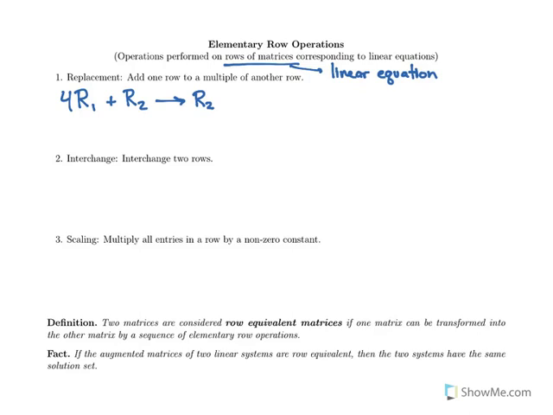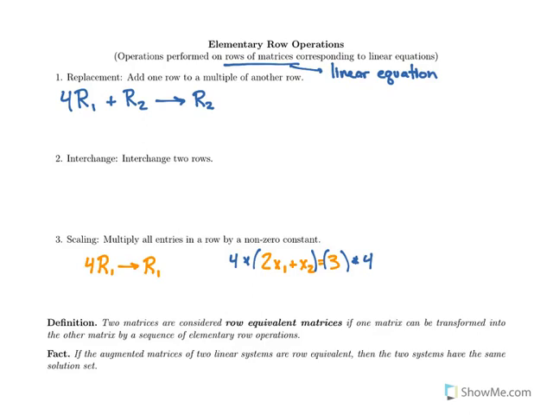And you could always multiply some equation by some number. That multiplying some equation by some number is what we're going to call scaling. So for instance, you could have 4 R1 could be your new R1. When you're talking about a linear equation, what you're doing is you're just multiplying both sides of that equation by 4.